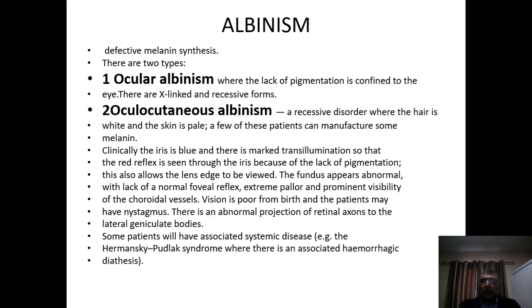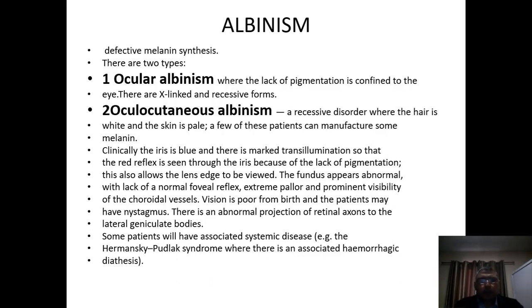In the eye, we will see trans-illumination through the iris, where there is loss of iris pigment. We will see the red reflex through the pupil and through the iris. We will have nystagmus, and foveal atrophy may be present. These patients may have abnormal projection of retinal axons to the lateral geniculate body.